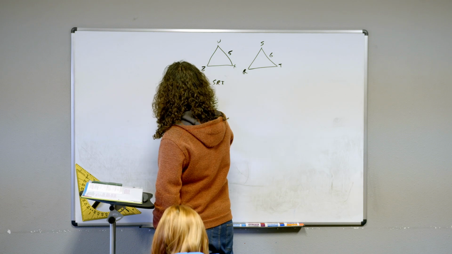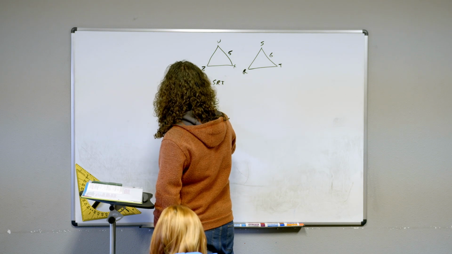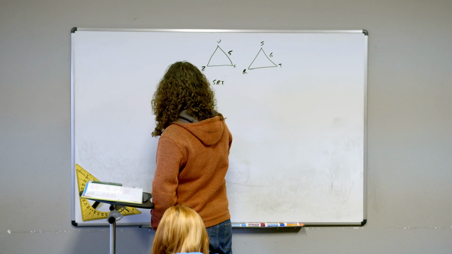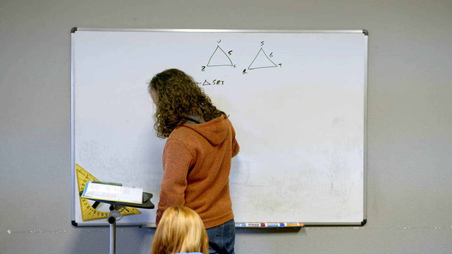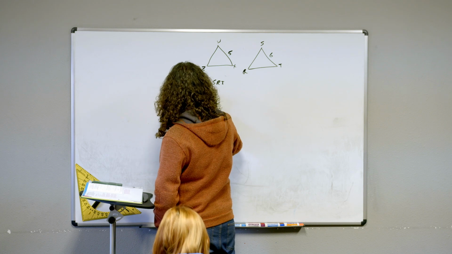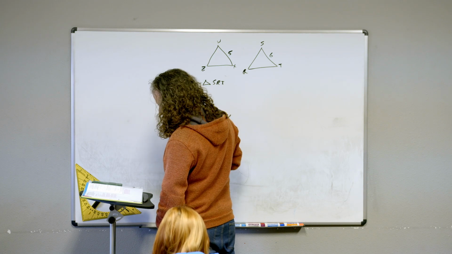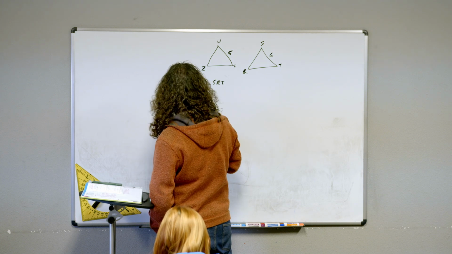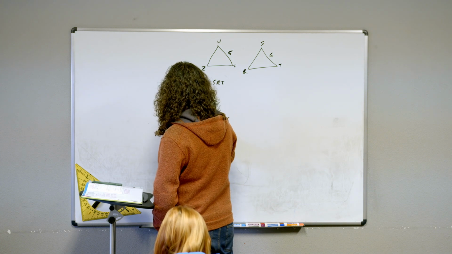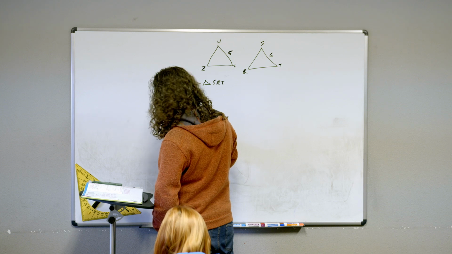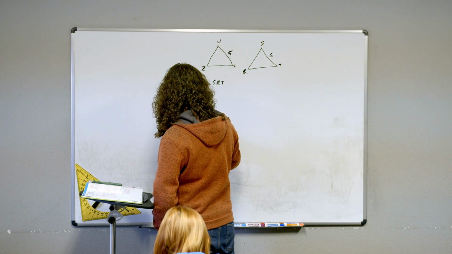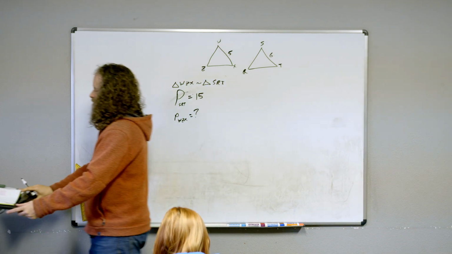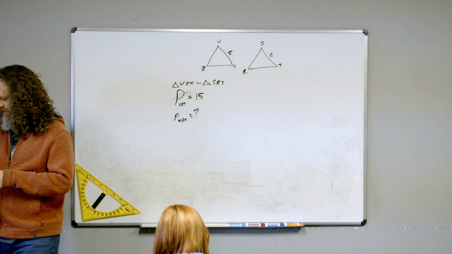The perimeter of SRT equals 15. And we're supposed to find the perimeter of the other triangle, the perimeter of WZX. So, what should we do, kids?